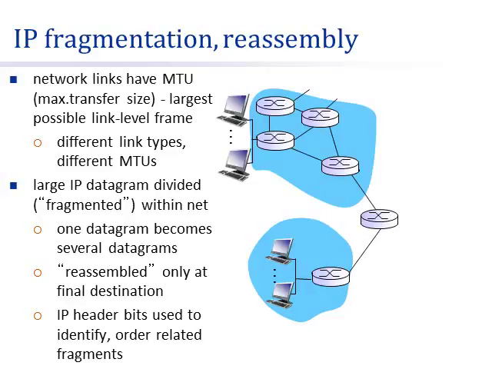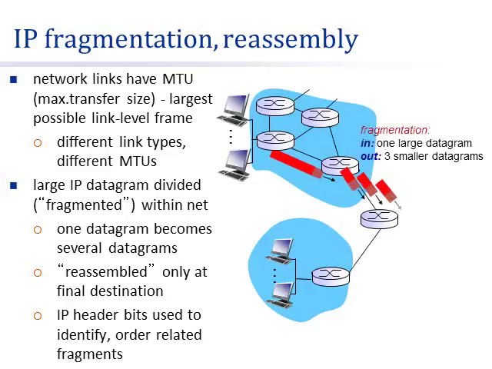Otherwise, how do you fit the oversized IP datagram into the payload field of the link layer frame? So the solution is fragmentation: fragment the data into two or more smaller IP datagrams and encapsulate each of these smaller IP datagrams in a separate link layer frame.